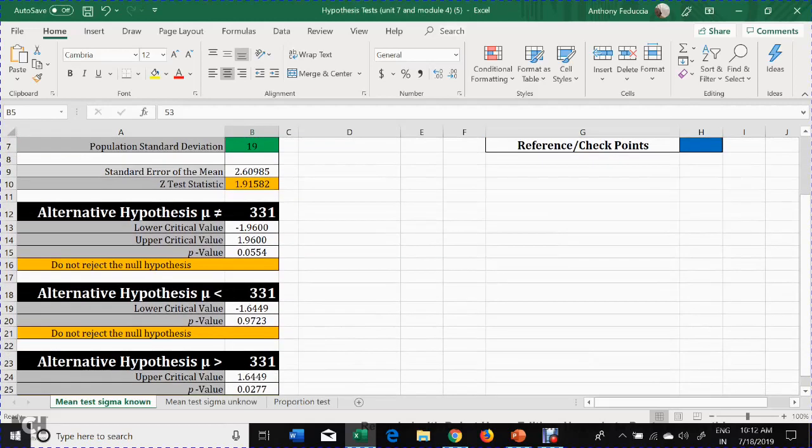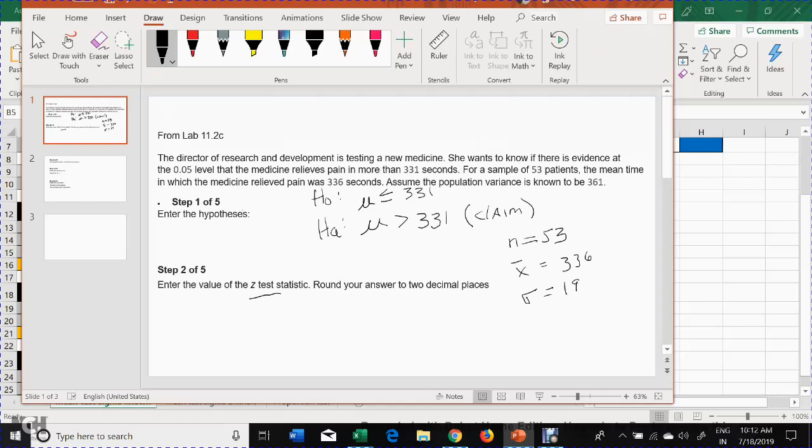So in the workbook, it gives you 3 situations: one when the alternate hypothesis takes the form mu not equal to, when it takes the form mu less than, and when it takes the form mu greater than. Well, in our case, our alternate hypothesis took the form of mu greater than 331.